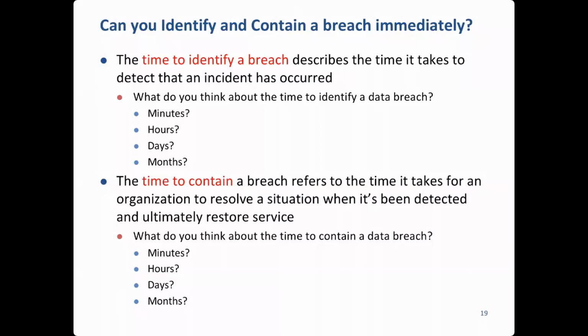That's the first question. Nice that you answered in minutes. And then once you come to know that there is a data breach, how much time will you take to fix it? Hours, days or months? All of us, possibly, whose guess is minutes, hours or days, are wrong.